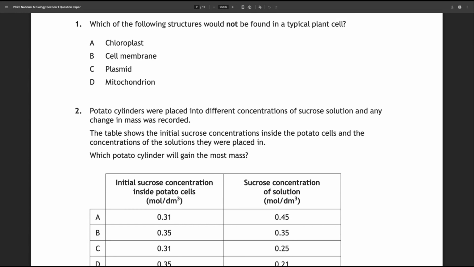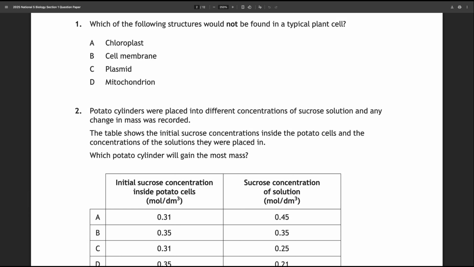Question 1, which of the following structures would not be, you'll notice that in bold, found in a typical plant cell. So we've got the choice of chloroplast, cell membrane, plasmid, and mitochondrion. Now, hopefully you've learned that the chloroplast is part of a typical plant cell, so we can eliminate that one. The cell membrane is found in all cells, so we can eliminate that one.